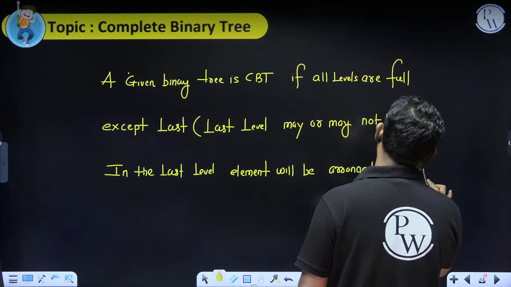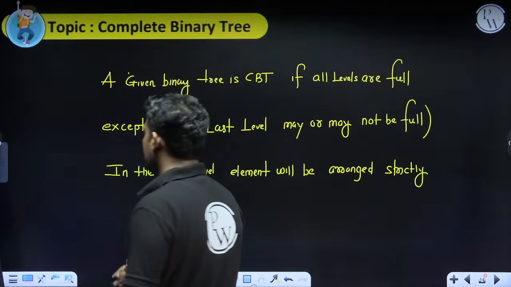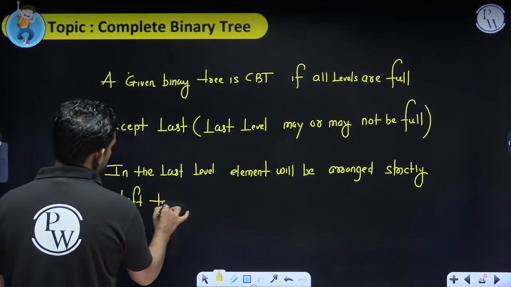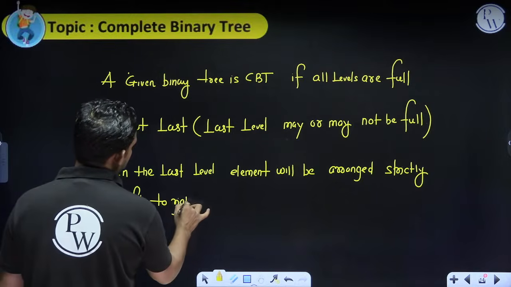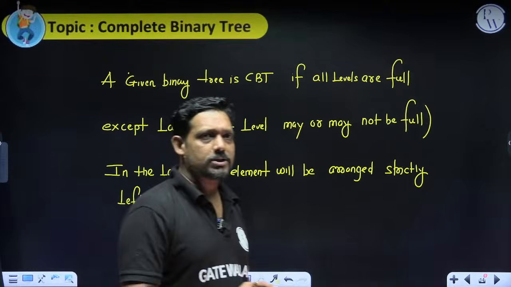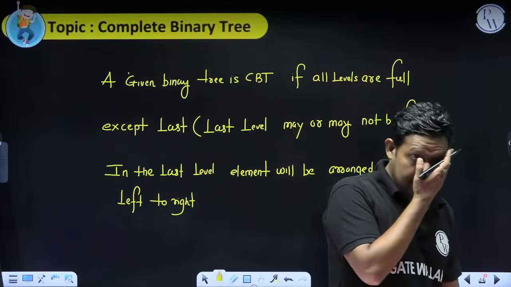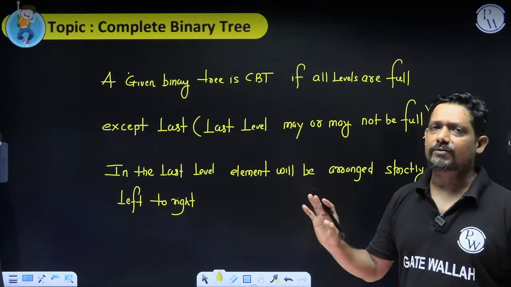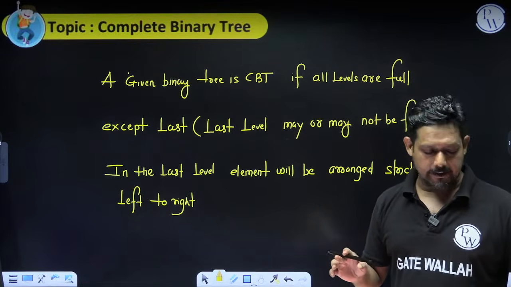This is the definition. So every level is full except possibly the last level, and in the last level, elements are arranged strictly left to right.